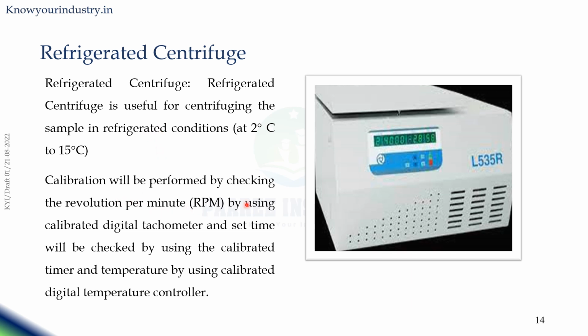For the calibration of this refrigerated centrifuge, RPM will be one parameter and another is the set time. Both will be calibrated by a digital tachometer and a calibrated digital temperature controller respectively. Generally, the temperature used in a refrigerated centrifuge is 2 to 15 degrees Celsius.